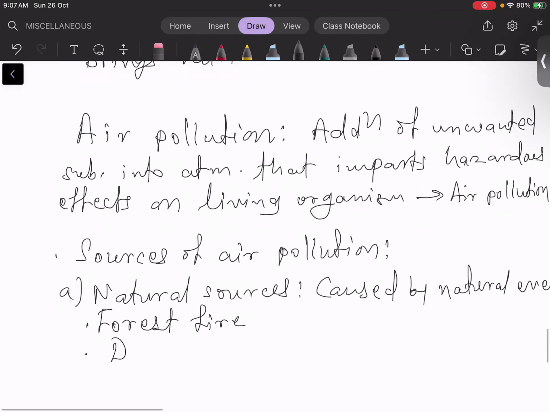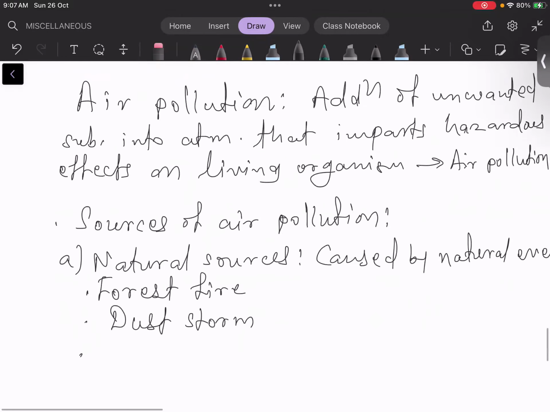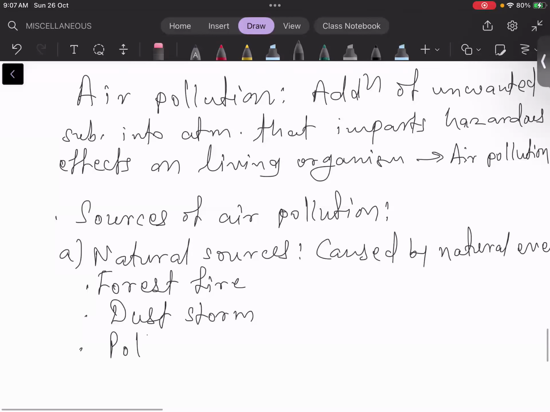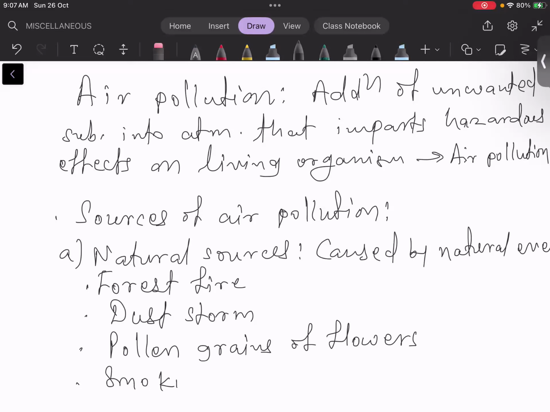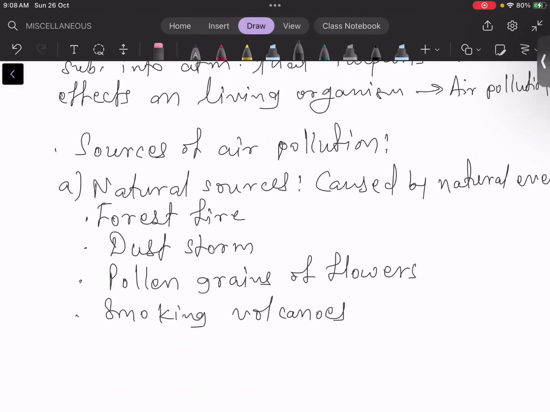Second, dust storm. Then third, pollen grains of flowers. The next, smoking volcanoes, etc.